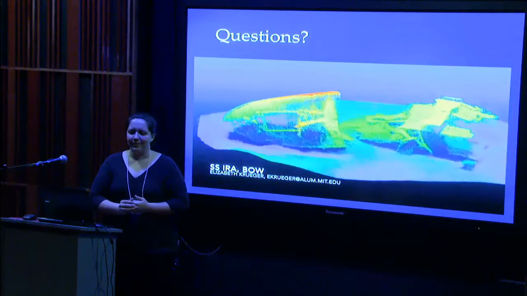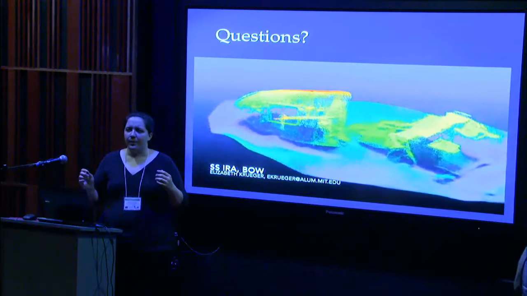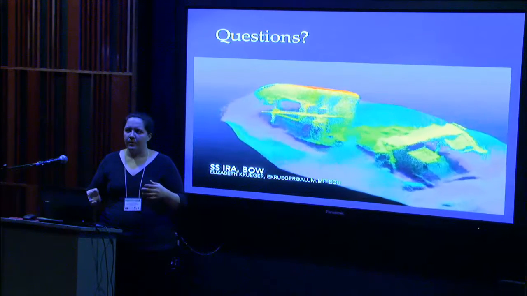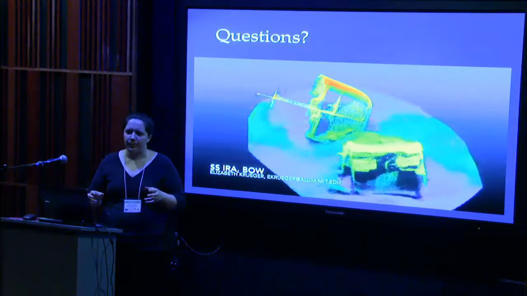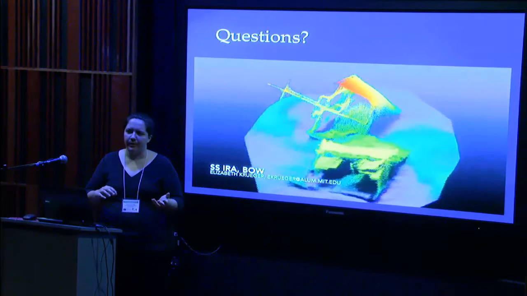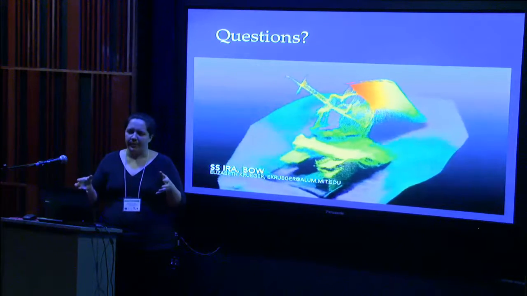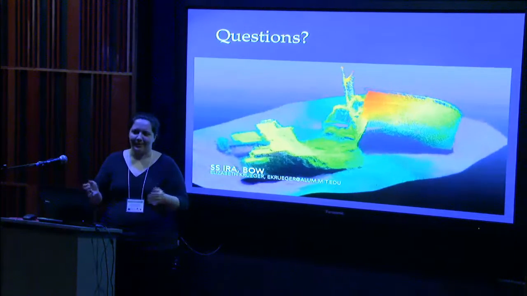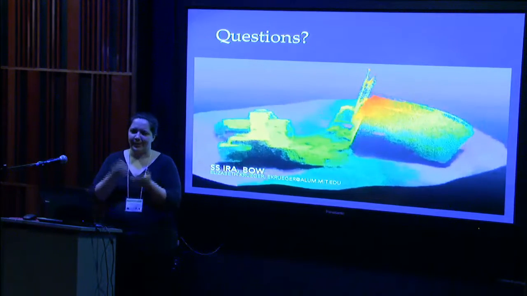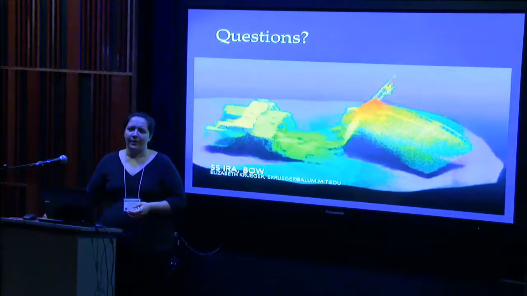Are wrecks being uncovered? Yes. So there were maybe 1 or 2 wrecks that I saw that were significantly uncovered, but during the time period that I was looking at, they were already a little bit uncovered, so I already saw them in the first data set, but then they're becoming more uncovered.